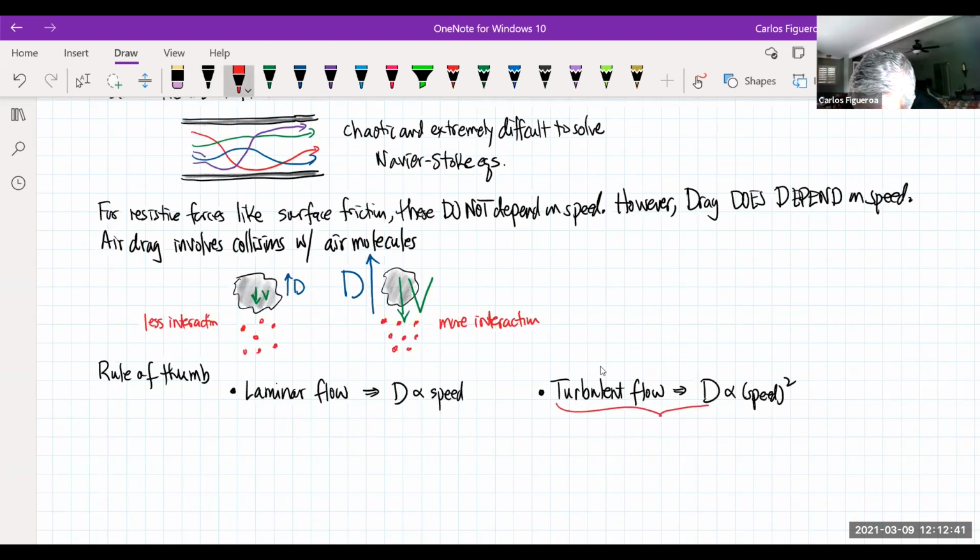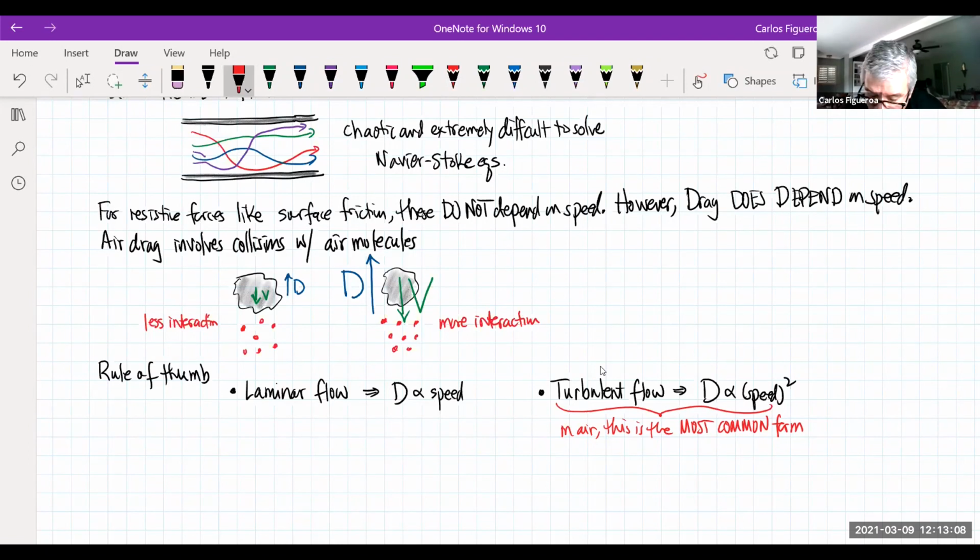However, in air, this is the most common form. Water has a tendency to be more laminar, so its drag force is more related to just the velocity or the speed.